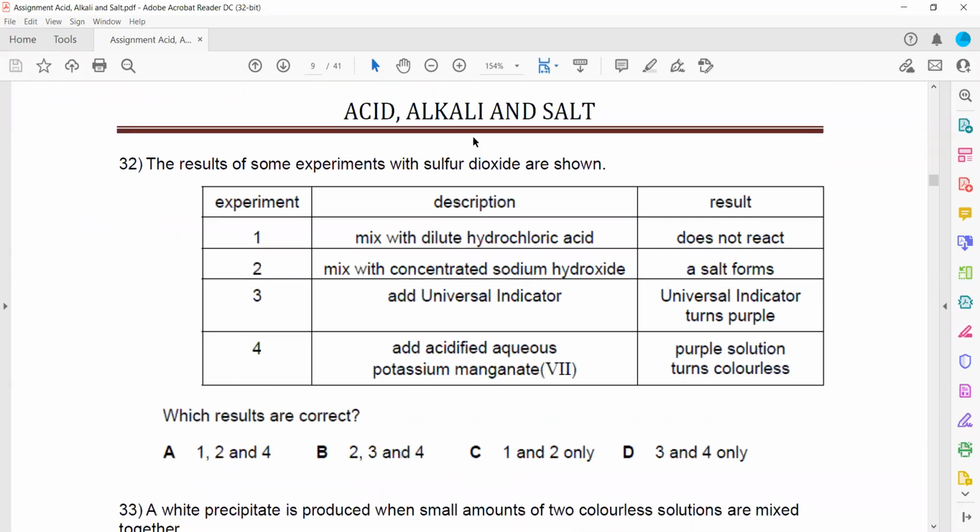In question 32, the results of some experiments with sulfur dioxide are shown. Which results are correct? Sulfur dioxide is acidic because it's a non-metal oxide, so it is an acidic oxide.